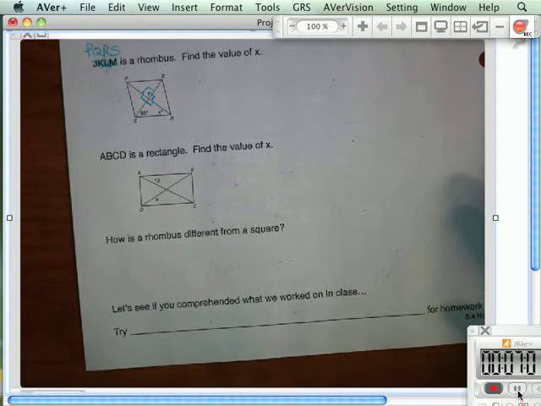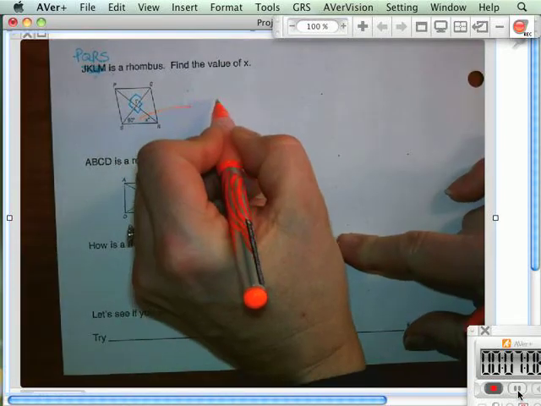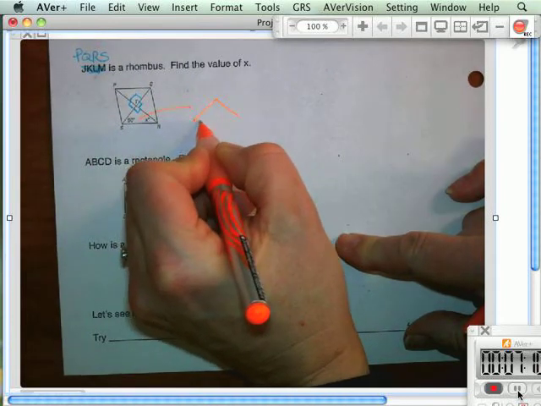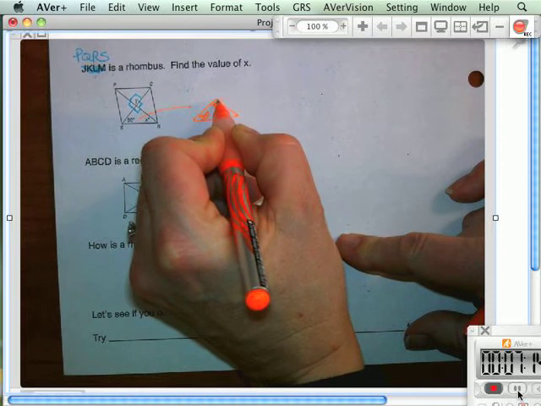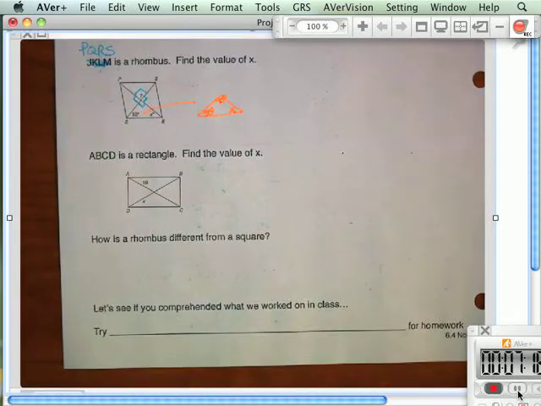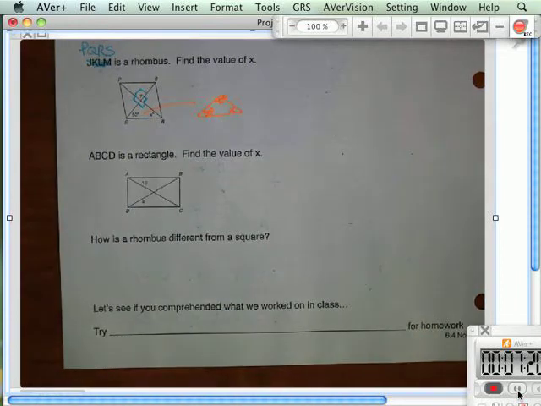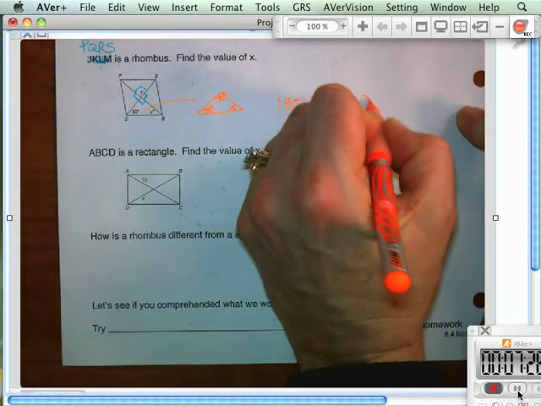Do you see where I'm going with this? Can you see this orange? I'm going to pull that little triangle out. This is 50 degrees. This is 90 degrees. Can I figure out what X is? What do the degrees of a triangle add up to? 180. So yes, you can do that in your head. 180 minus 90 minus 50 equals 40 degrees.